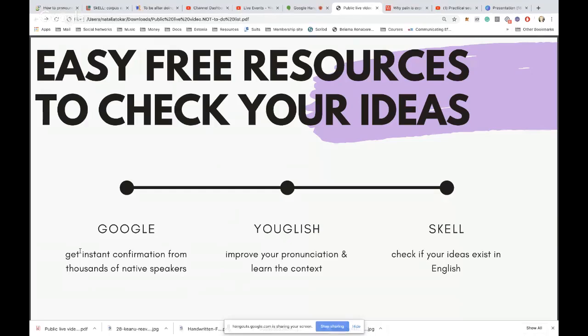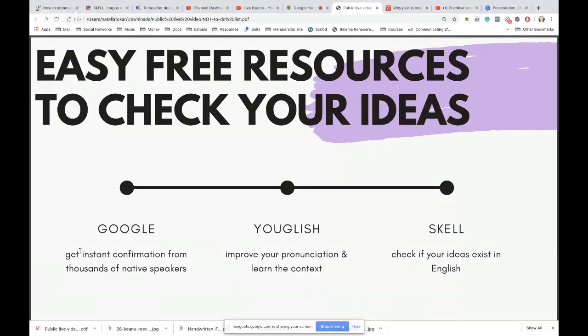How do you use Google? Let's say you have an idea to say something, for example, like I did, I'm after quality communication. You type in Google exactly what you think is correct, exactly this word combination, and you play by ear. You see what happens if you click, who says so. If you cannot find this word combination, then you probably have to remove a couple of words, and maybe you will find interesting links.